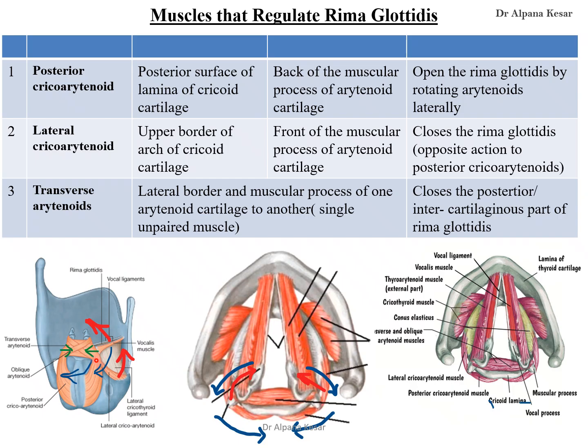When the posterior cricoarytenoid muscle contracts, it will rotate the muscular process backwards. And when the lateral cricoarytenoid contracts, it will rotate the muscular process forwards or anteriorly. By the contraction of posterior cricoarytenoid, when the muscular process rotates backwards, as marked by blue arrows, the vocal process moves laterally.